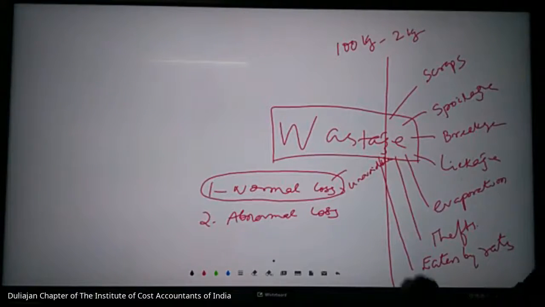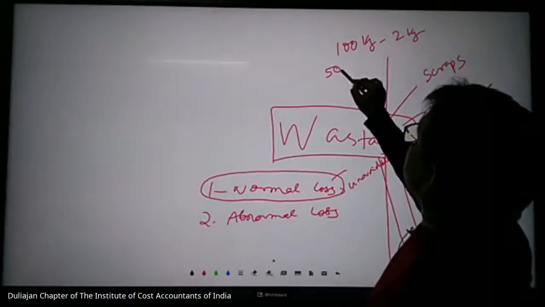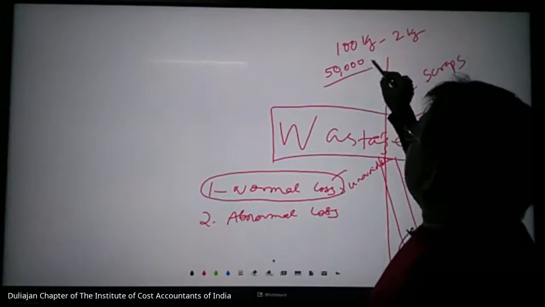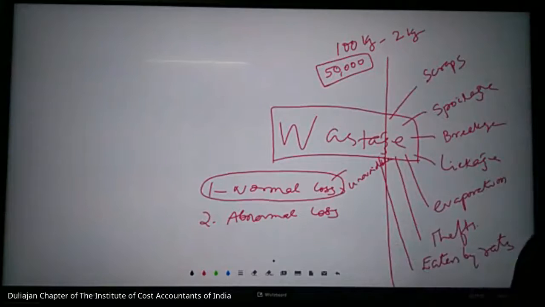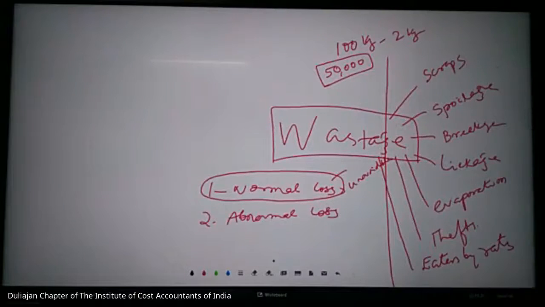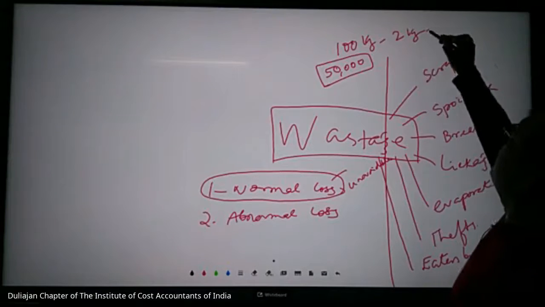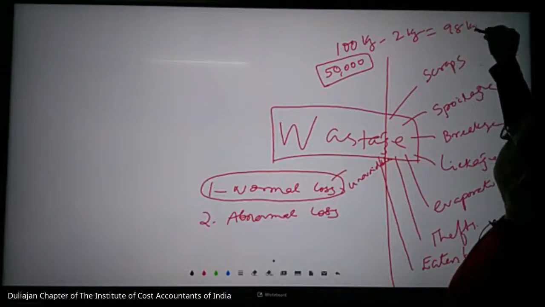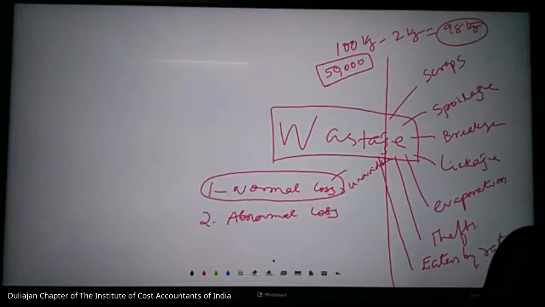So I paid 50,000 rupees for buying 100 kgs. How much material I received in my store? I received only 98 kg.